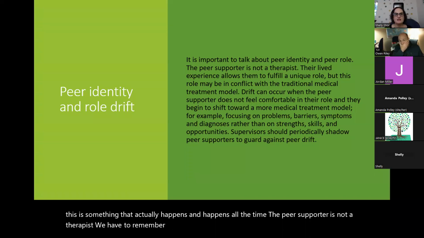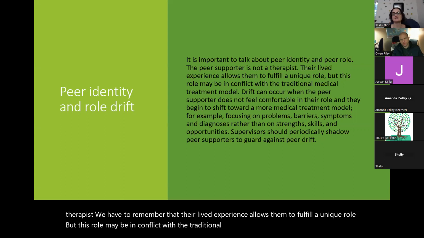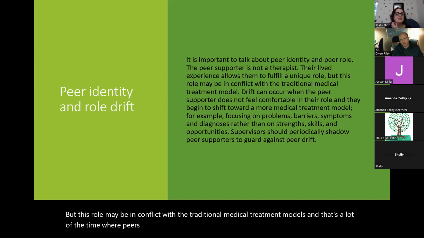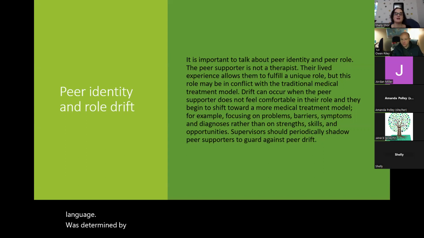Their lived experience allows them to fulfill a unique role, but this role may be in conflict with the traditional medical treatment models, and a lot of the time peers are working in a behavioral health setting where the norms and the language were determined by the medical professions.